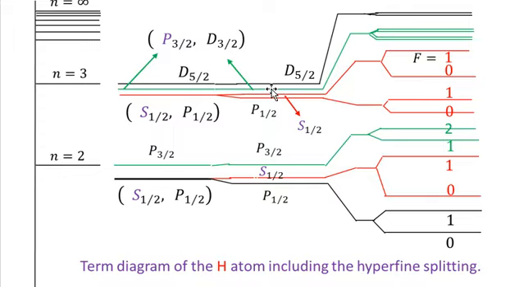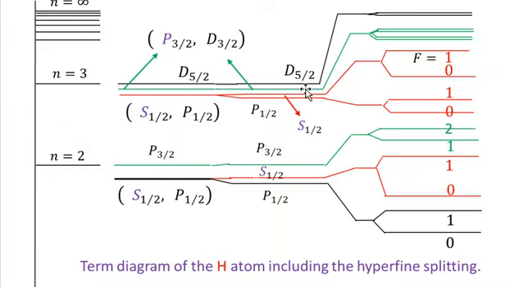Because this spectrum has been obtained with an instrument having limited resolution, and in that instrument this is unresolved. That is, P3 half and D3 half are unresolved in the instrument, but there is also a very small separation between them. And I have not shown that separation over here due to the scale uniformity applicable to the Lamb shift splittings.